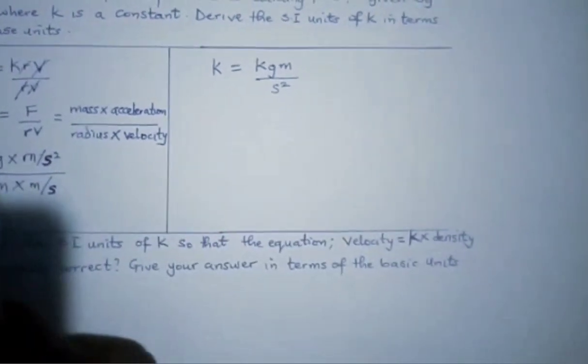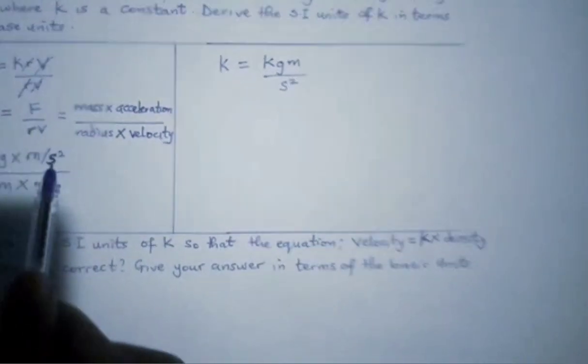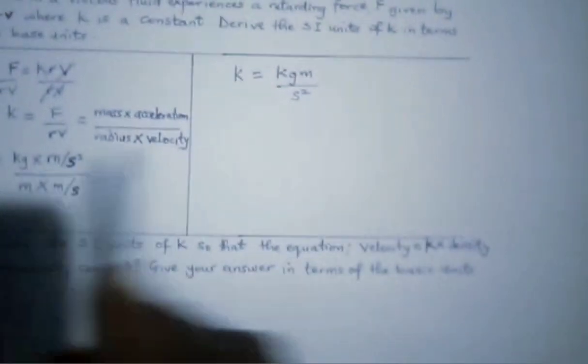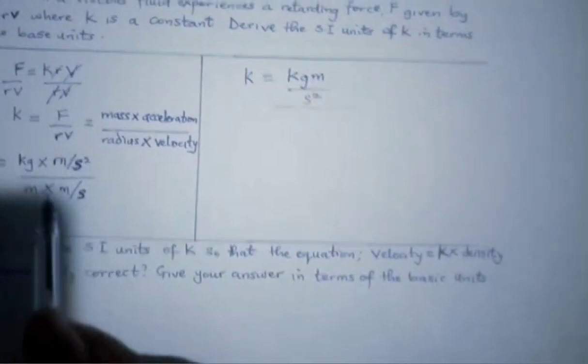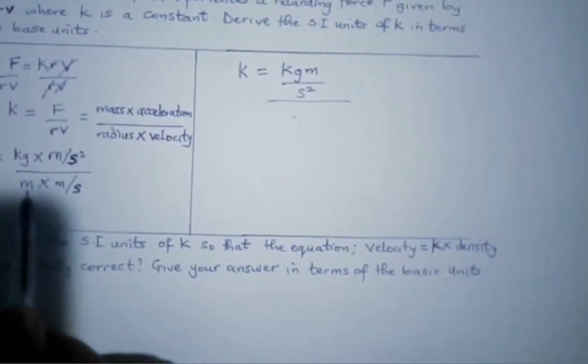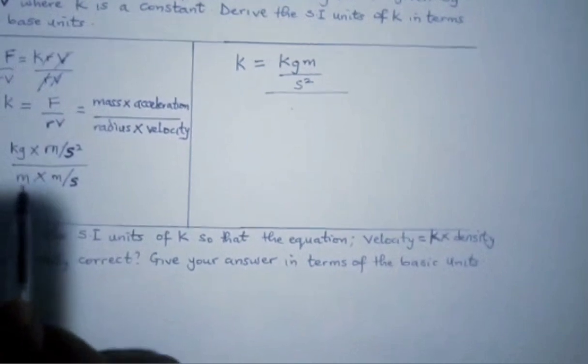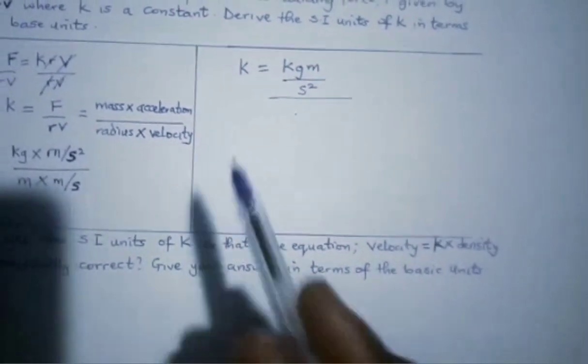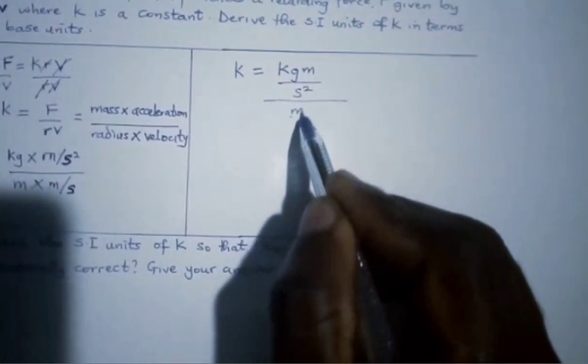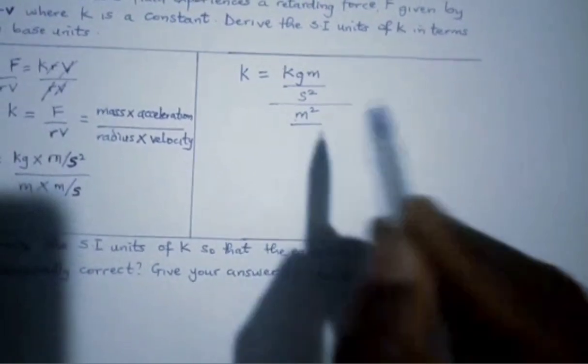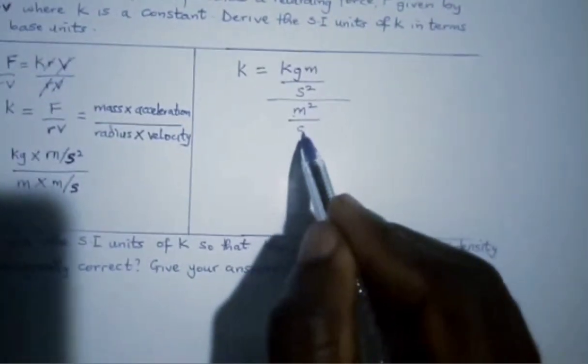That is for the parameters in the numerator, the unit of mass and the unit of acceleration. Then for the division sign, we multiply the parameters that are below, which will give you m square over s.